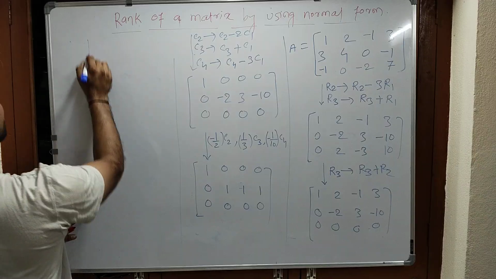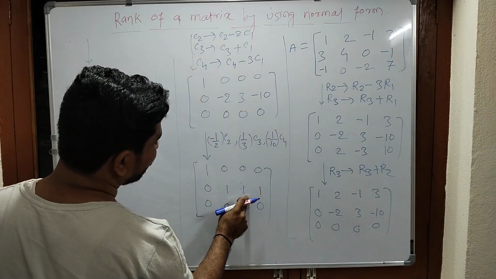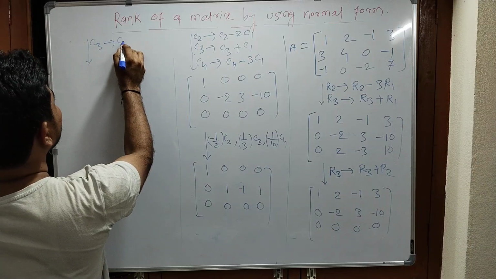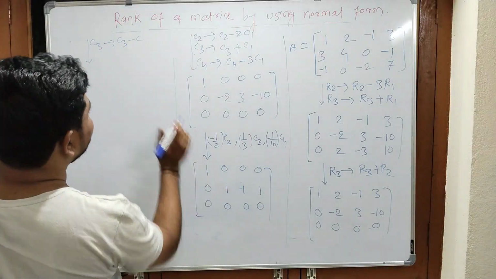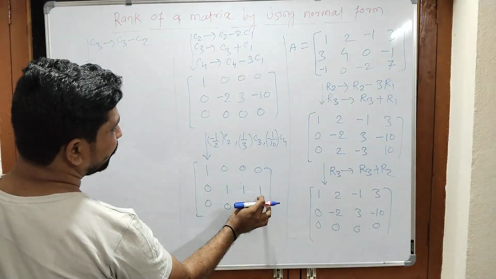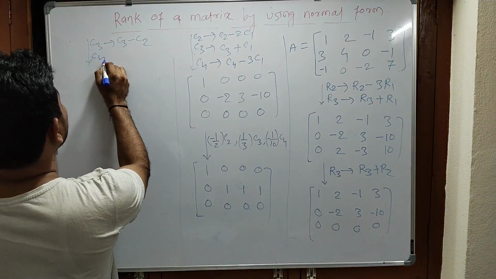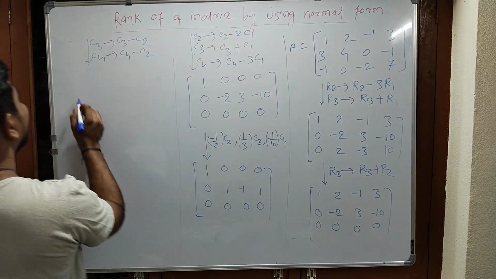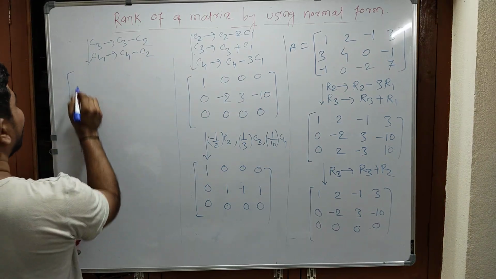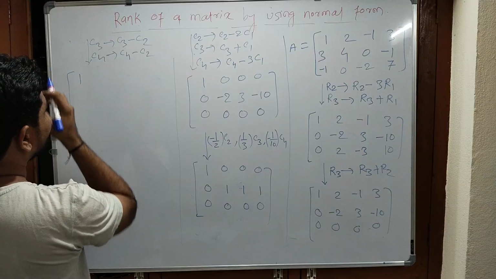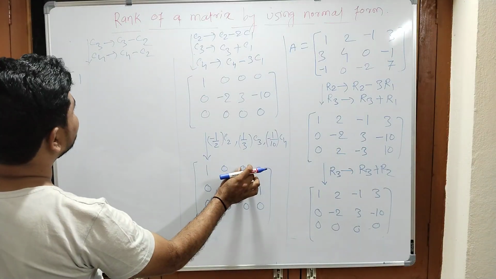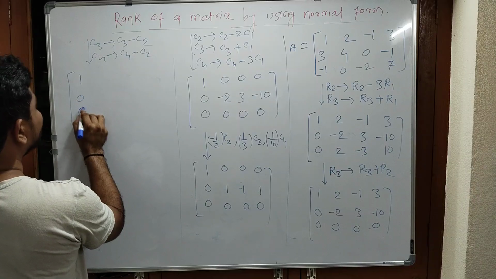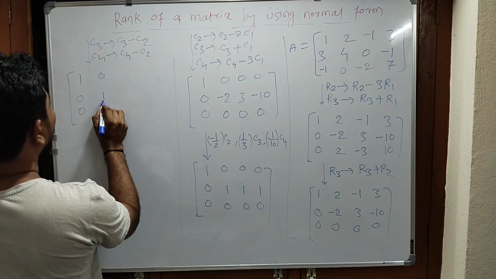Now I apply the next elementary operation. I want to make this 1 as 0, so I apply C3 changes to C3 minus C2, and I want to make this 1 as 0 too, so C4 changes to C4 minus C2. When operating with C3 and C4, C1 and C2 remain the same: 1 0 0 and 0 1 0.